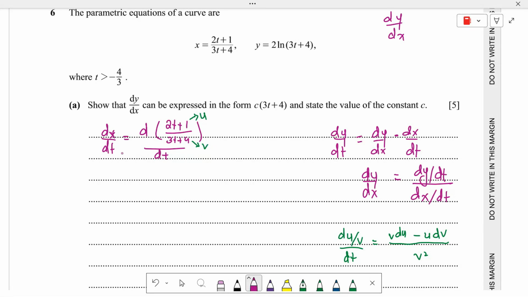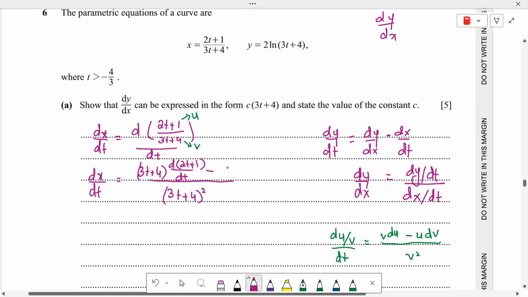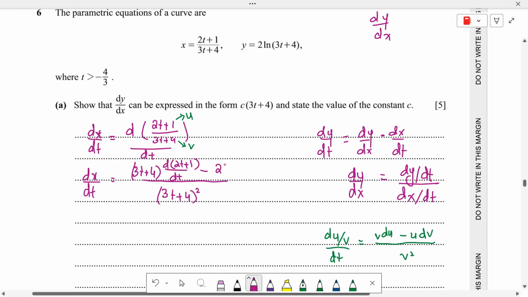So dx/dt is equal to (3t + 4) times the derivative of 2t + 1, then minus (2t + 1) times the derivative of 3t + 4, over (3t + 4) squared.